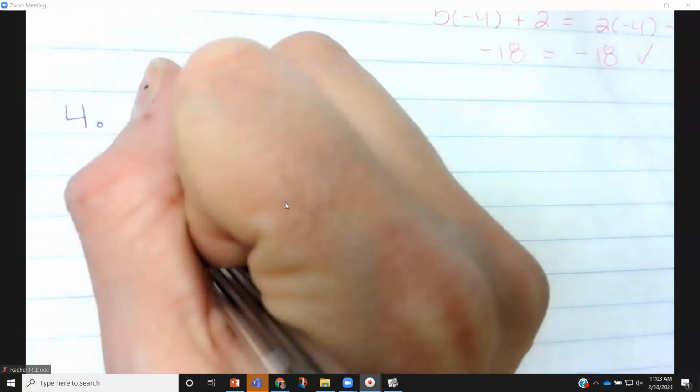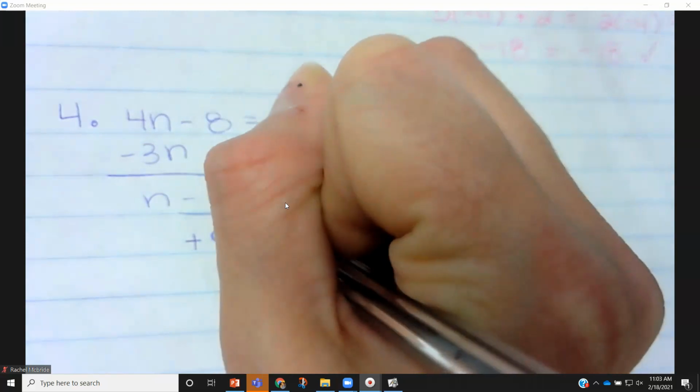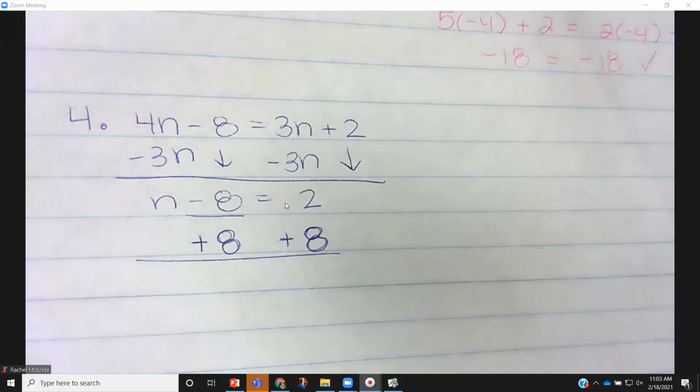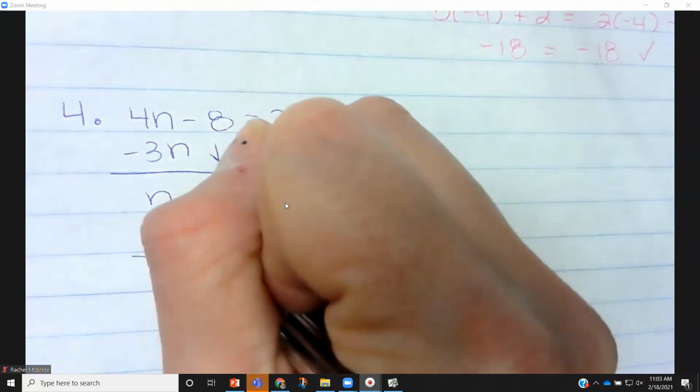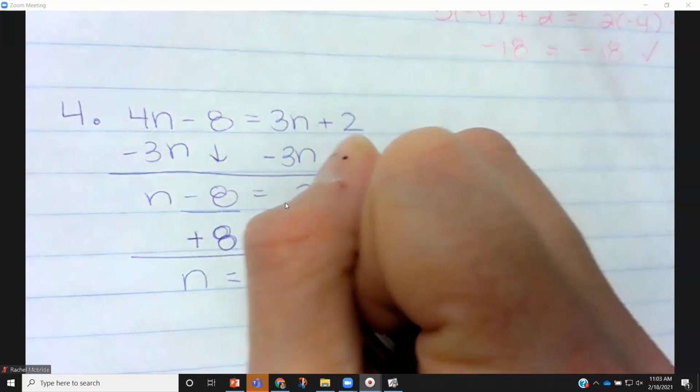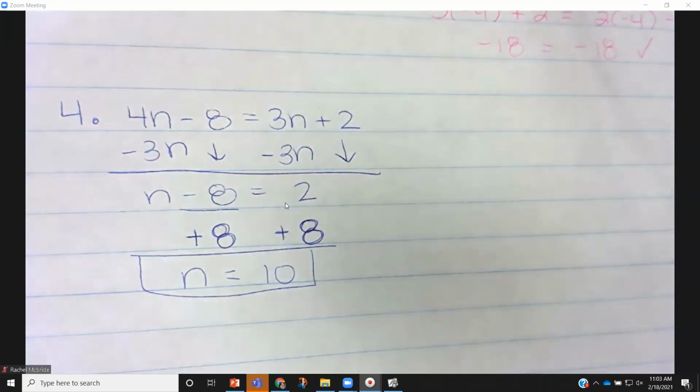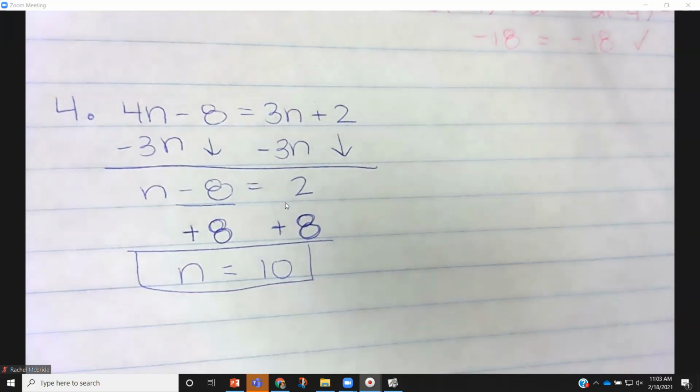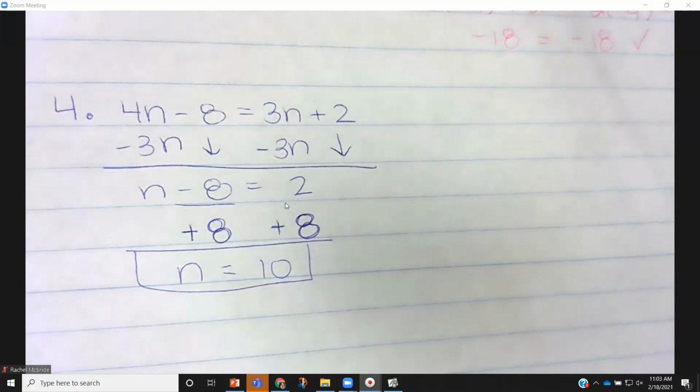Okay, so I'm not subtracting 8 to the other side. I need to add 8 to both sides. So we get n equals 10. That one was nice.